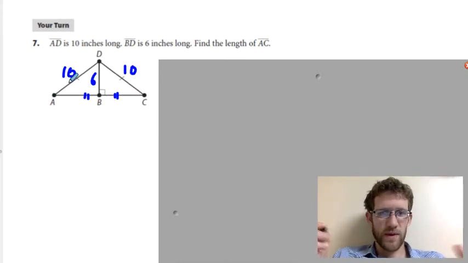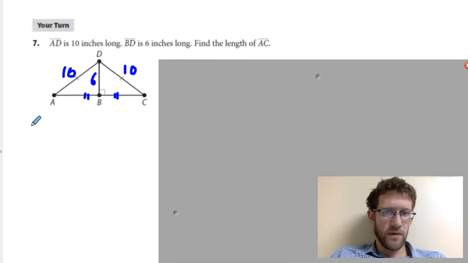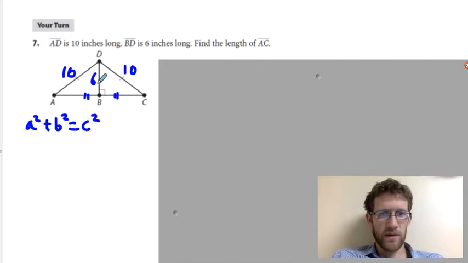We can use the Pythagorean theorem to figure out this value. A squared plus B squared equals C squared. We know what C is, we know what B is, we just don't know what side A is here. So I'll leave A squared, and then add 6 squared, and that's equal to 10 squared.